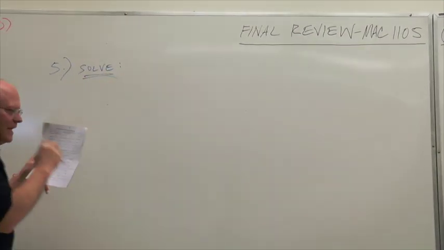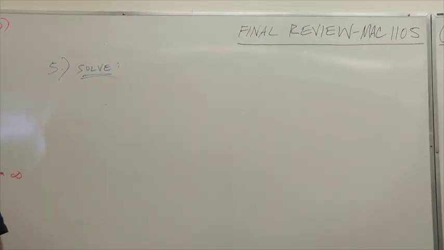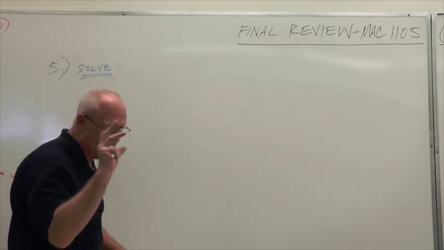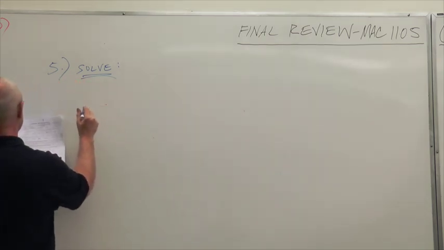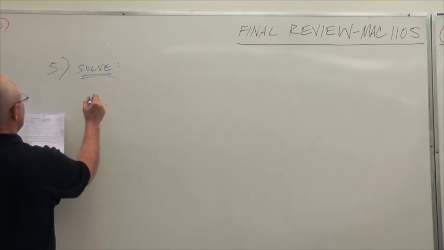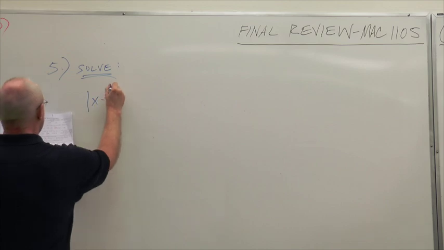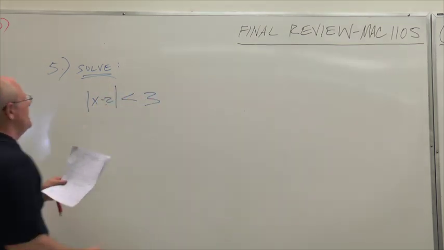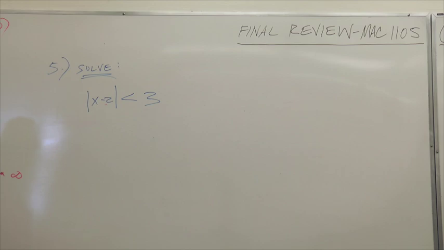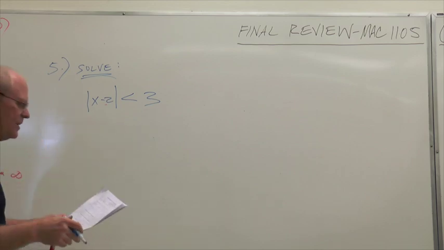So you're not going to be given much instruction on this file. Solve, factor, solve. So you have to look at it and know what you're dealing with. That's the important thing. It says absolute value of x minus 2 is less than 3, and answer in interval notation again, as it says on your review sheet.